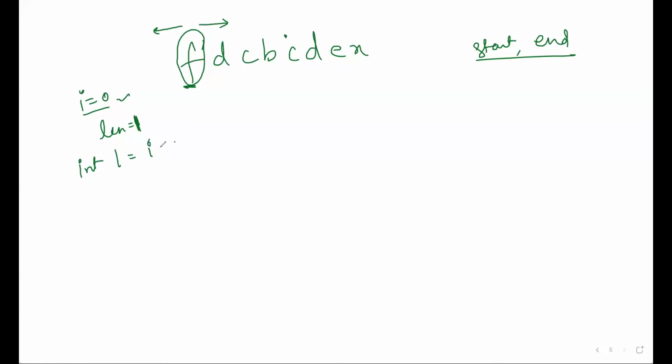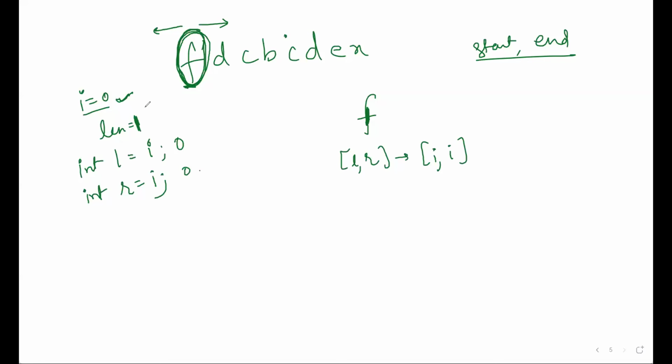L is going to start from index I only, and R is also going to start from index I, because we have to consider this index also. If this is my midpoint, I have to consider this character also. So currently my substring will be from L to R, or more formally from index I to I only, and that is right because currently I am considering only one character, which is present at index I. What is that character as of now? It is F. So L will be 0, R will be 0 for I equal to 0.